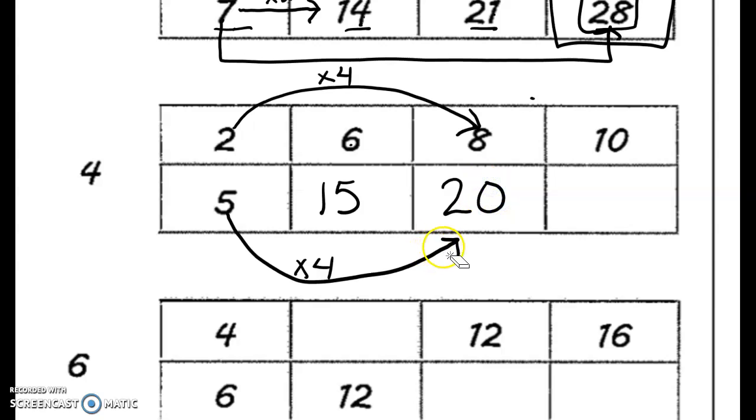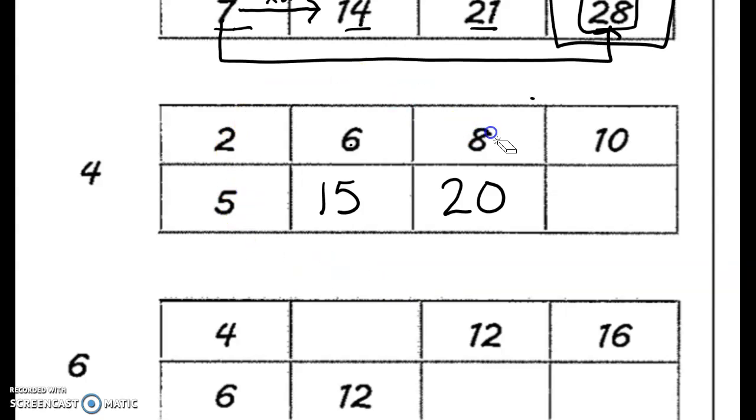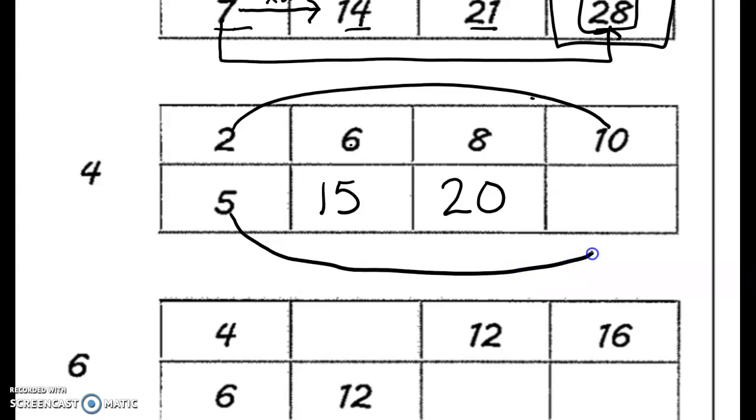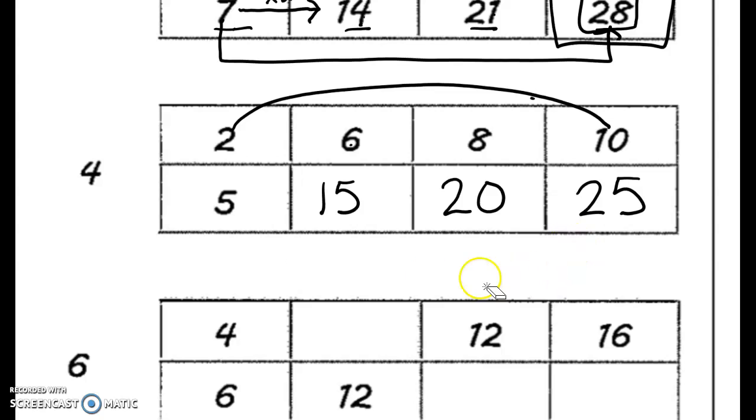And then you probably could fill in the bottom one. 2 times 5 is 10. So 5 times 5 is 25. But another way, let's just make sure you see this.